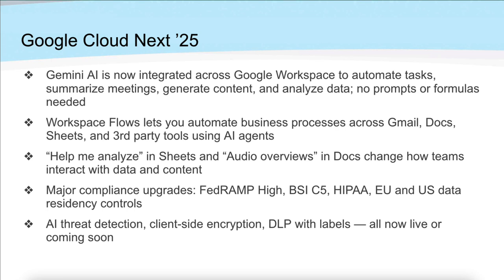Help Me Analyze in Sheets and audio overviews within Docs are really great ways to continue to expand the Gemini functionalities. So the audio overviews that we just talked about in Notebook LM are now going to be available in Docs, and Help Me Analyze in Sheets to really be able to dig into your data and come up with smart insights based off of what you're providing it.